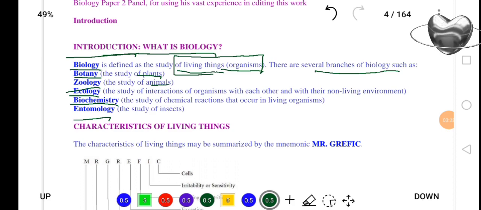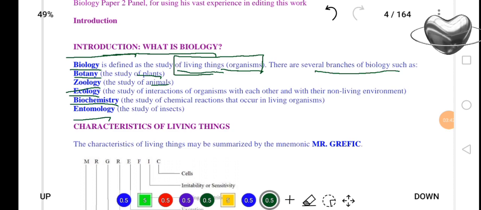Ecology. Ecology, we are talking about the study of the ecosystem. So under ecosystem or ecology, we study the interaction pattern of organisms with each other and with their non-living environment.